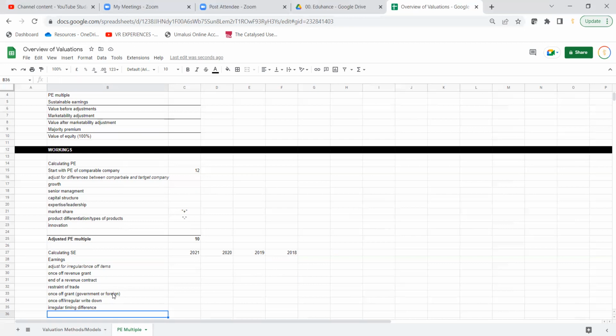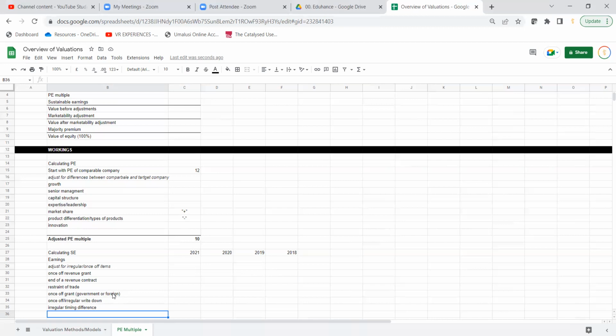Similarly, irregular timing difference. So let's say as a result of the floods, a sale would have happened this year, but because of the floods, there were road closures. There were no aeroplanes coming in, no ships coming in, trucks couldn't drive, and all of those type of things. So as a result, the sale did not take place this year. It can only take place next year.